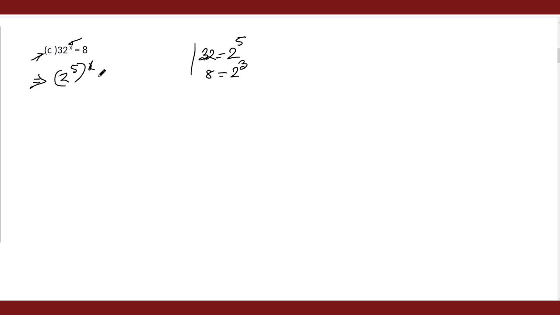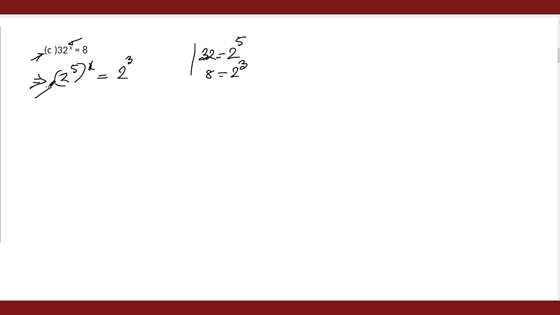To solve question C, here we have 32 power x is equal to 8. Instead of 32, we can write 2 power 5, and instead of 8, we can write 2 power 3. So we can write 2 power 5x on one side, and 2 power 3 on the other.